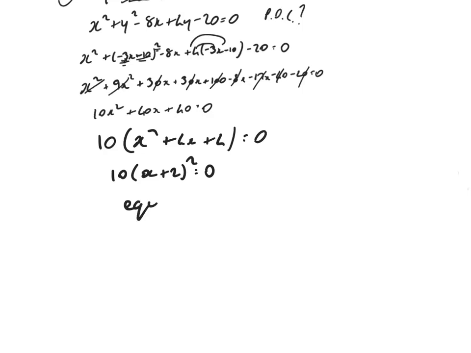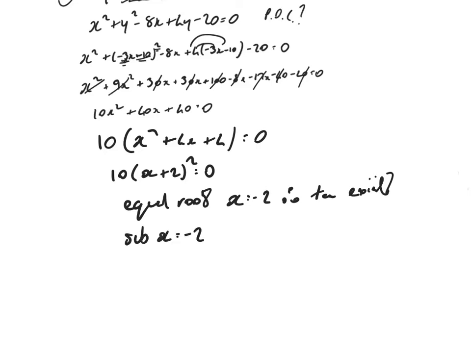So equal roots, x equals minus 2, therefore tangency exists. Okay, to find the point of contact then, look at the x coordinate, which is minus 2. I then sub x equals minus 2 into the equation for y to get the y coordinate.